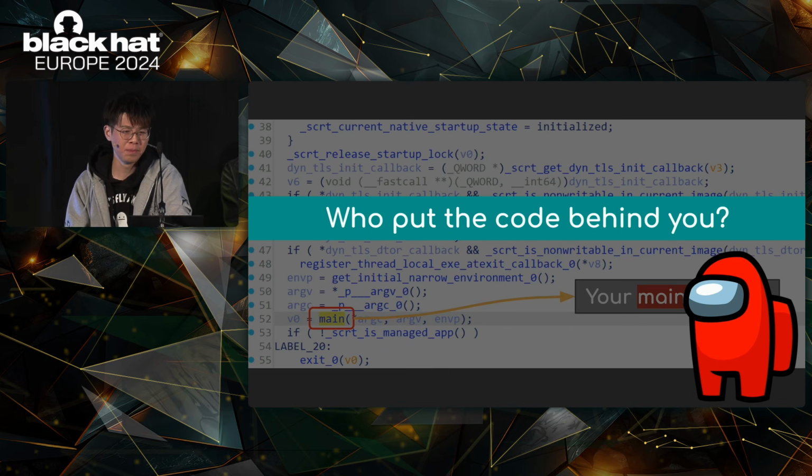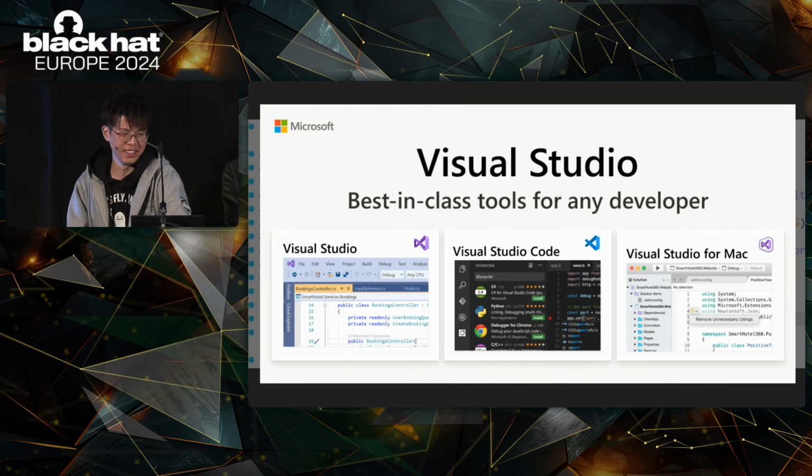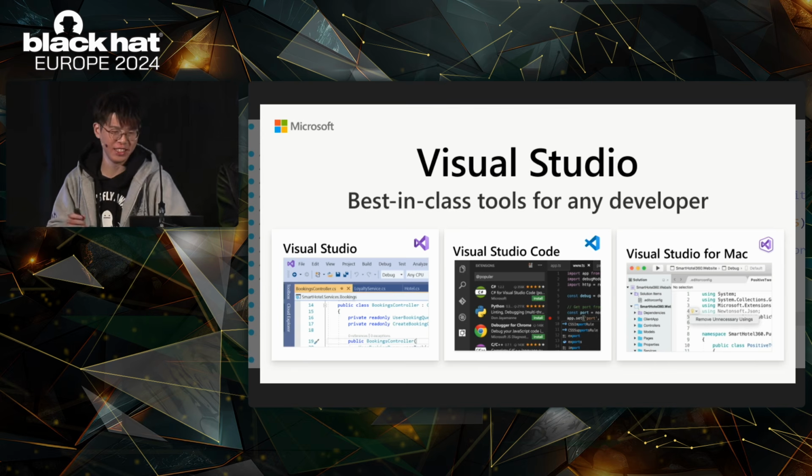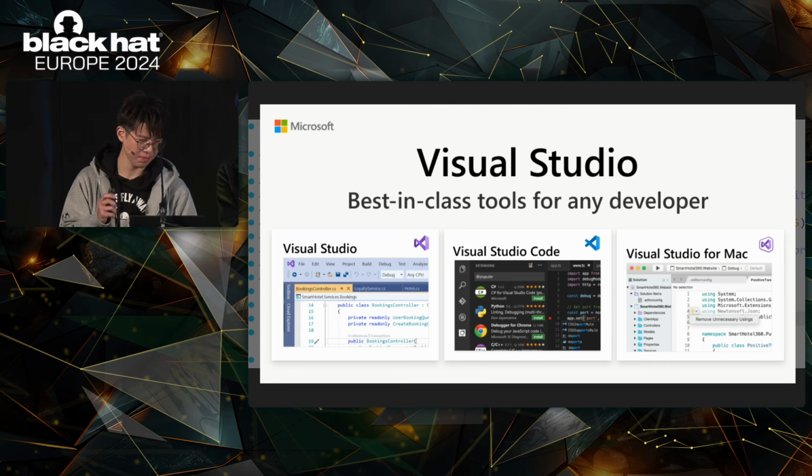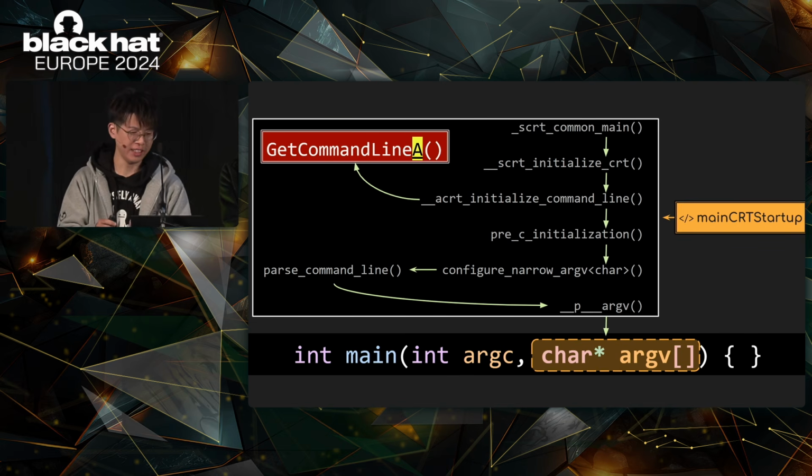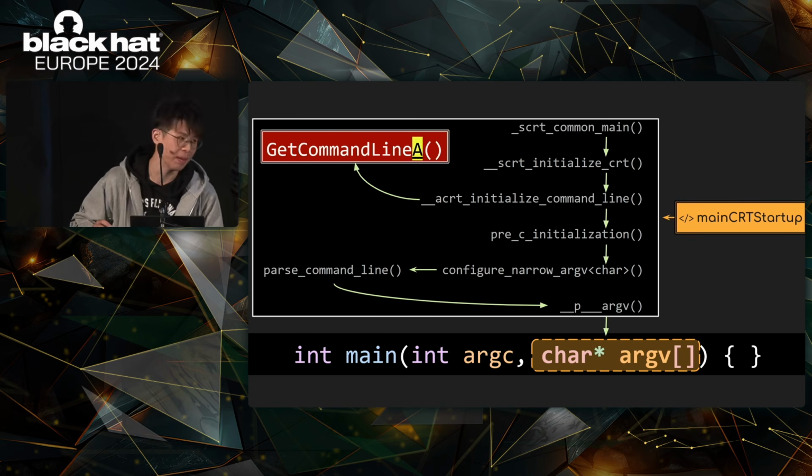So, who put this code? It's Visual Studio, the best in-class tool for any developer. Actually, Visual Studio will embed a lot of code into your program automatically while compiling.